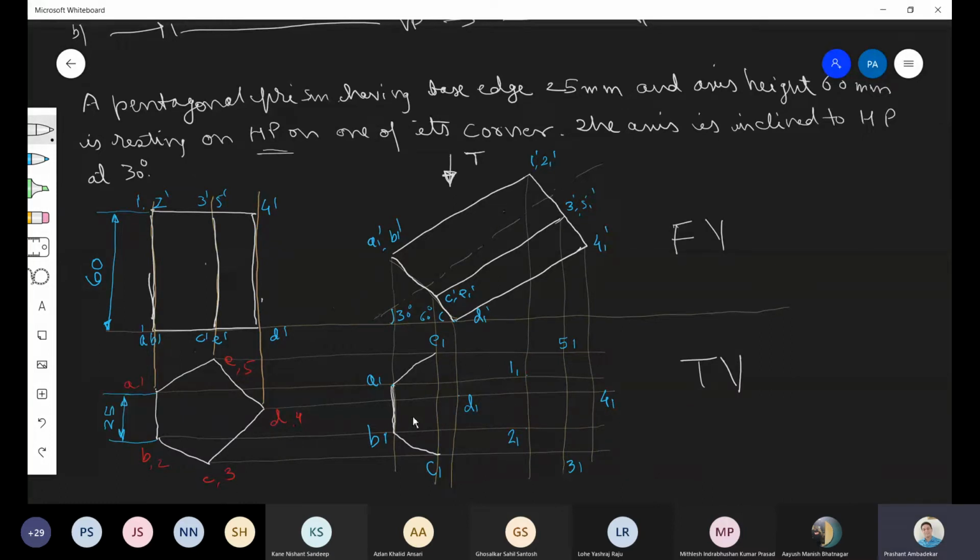This is the outer part of the object, so this cannot be dotted. So you can blindly draw a continuous line here. E to D is inside, it comes inside the part in this particular view. So we are not sure about E to D. Leave it for now. We will see it later.